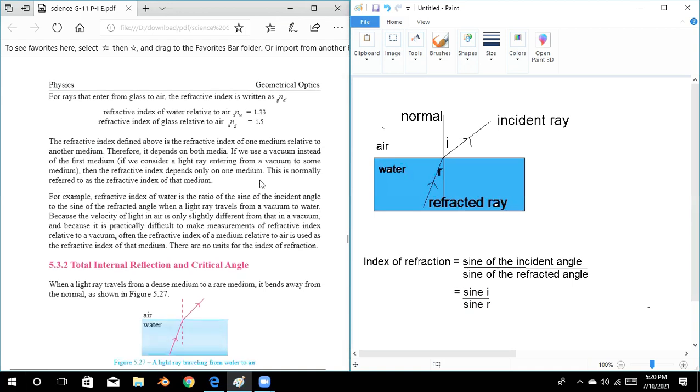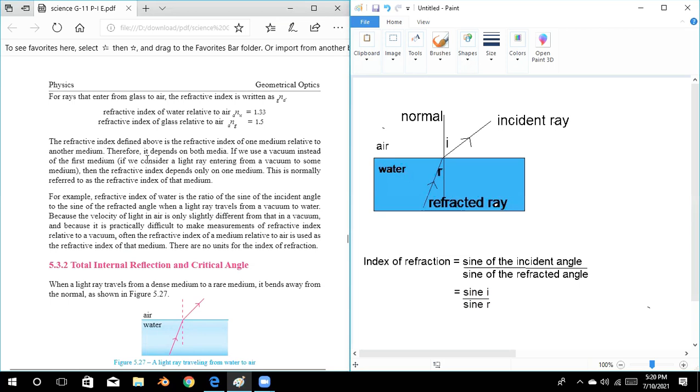Then this depends on both media. The refractive index defined above is the refractive index of one medium relative to another medium, right?